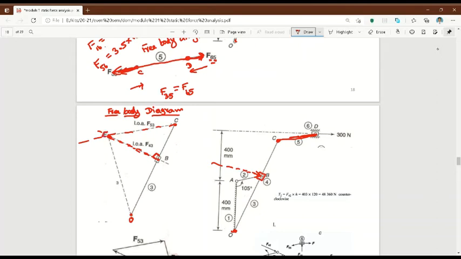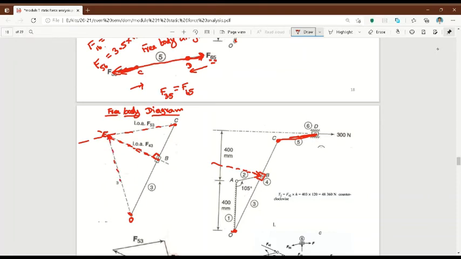Definitely the force on point O will also meet at that point, because if the mechanism is in equilibrium, the lines of action of the forces on the member will meet at one point. Already two forces are meeting at one point, so the third force on O will also definitely meet at this point.